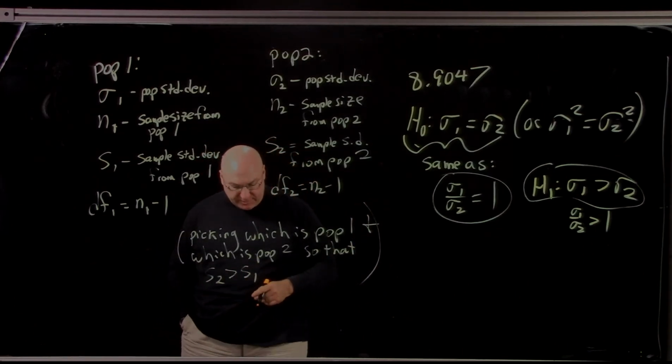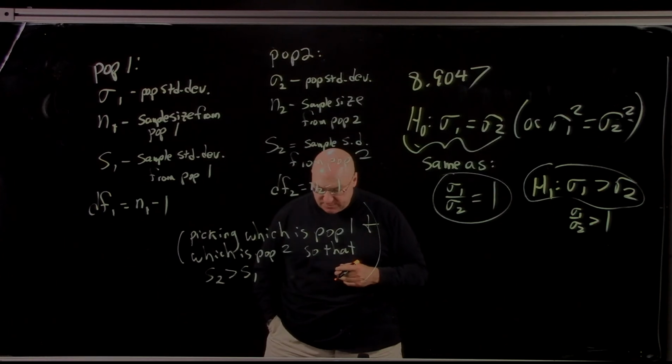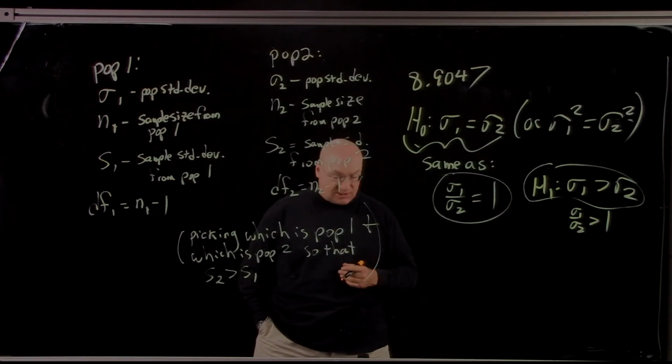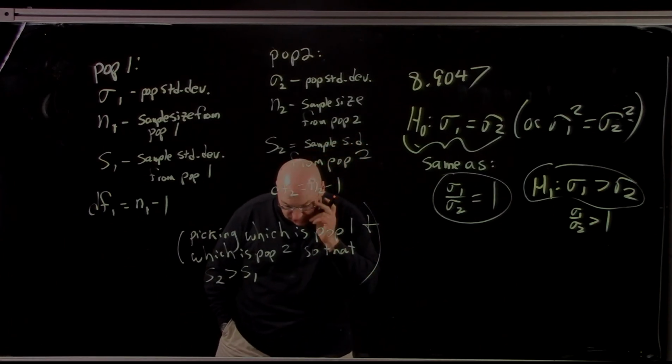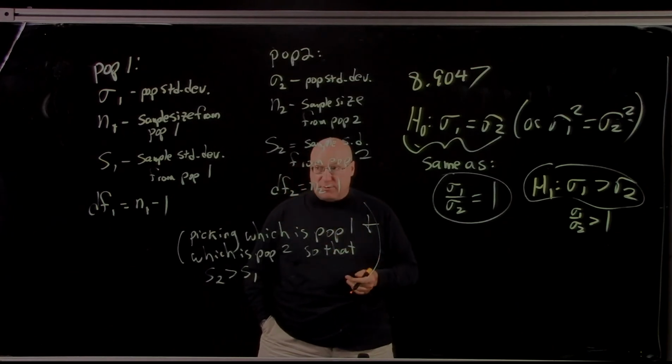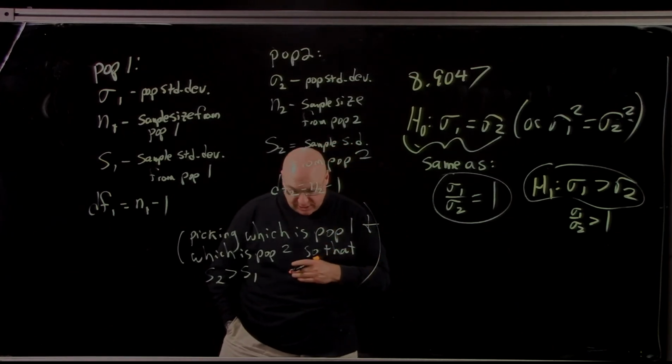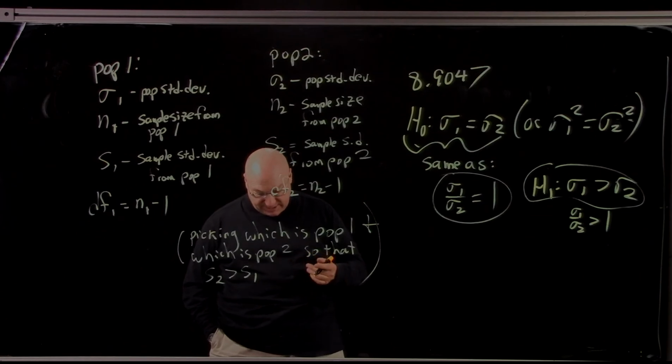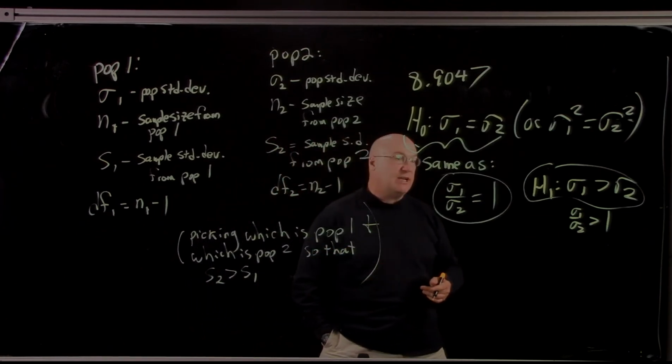Okay. Now, what do I say? I say by doing this, we can always make sure that the test statistic, which is going to be S1 squared over S2 squared, we can always pick it so that it will be a right-tailed test. And we'll do some examples in the next lecture.